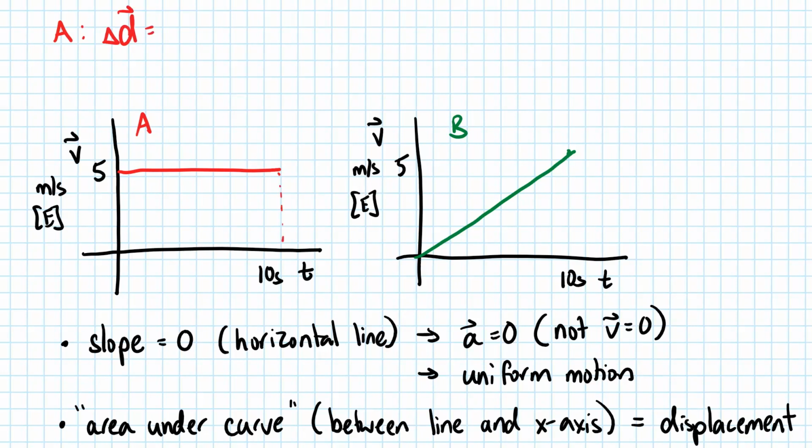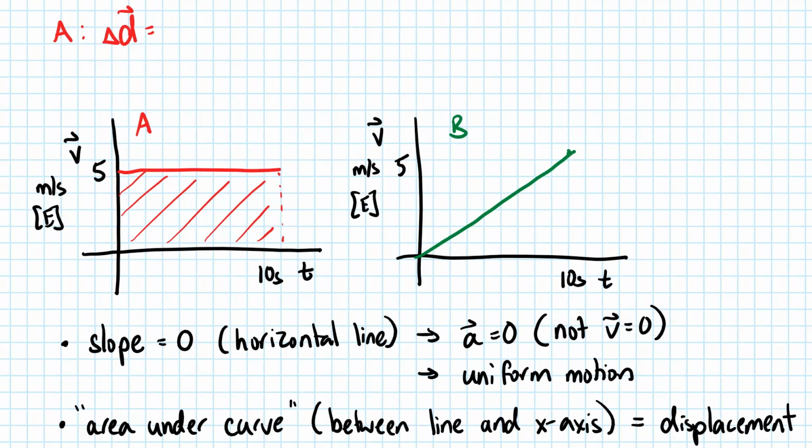If I look at this shape, the area under the curve is between the line and the x-axis. So I want all of this area here. That just looks like a rectangle, right? A rectangle with a length of 5 and a width of t, or a length of the velocity times the width of the time. We know velocity times time is displacement. So again, area under the curve, this is a rectangle.